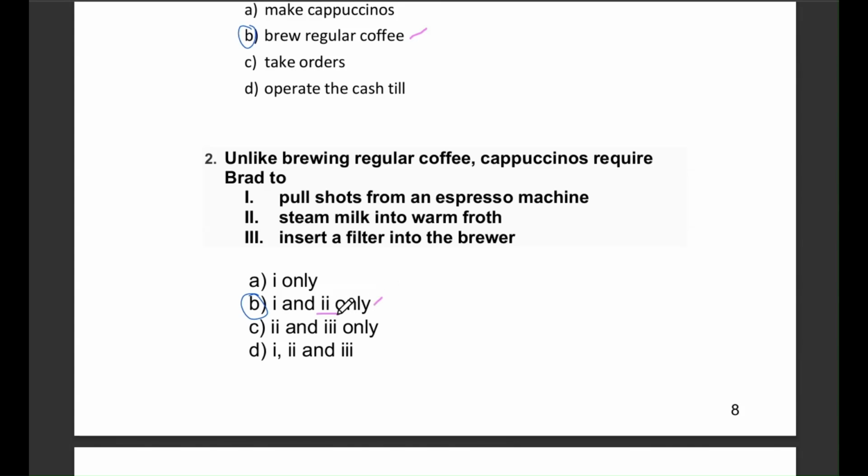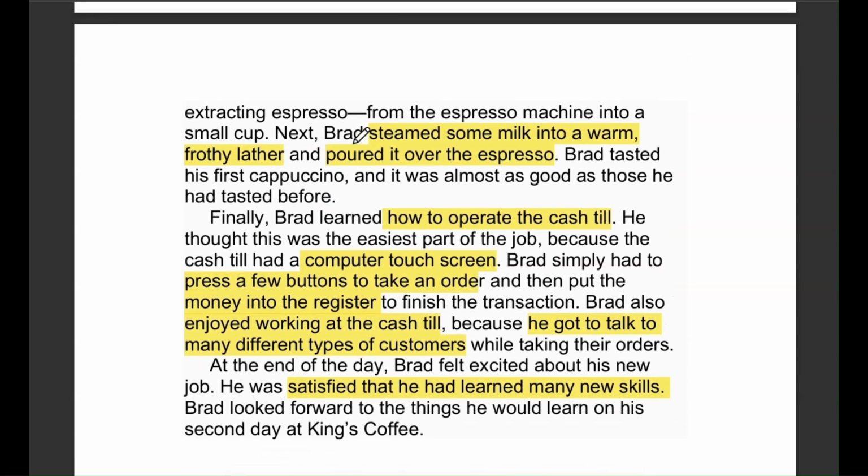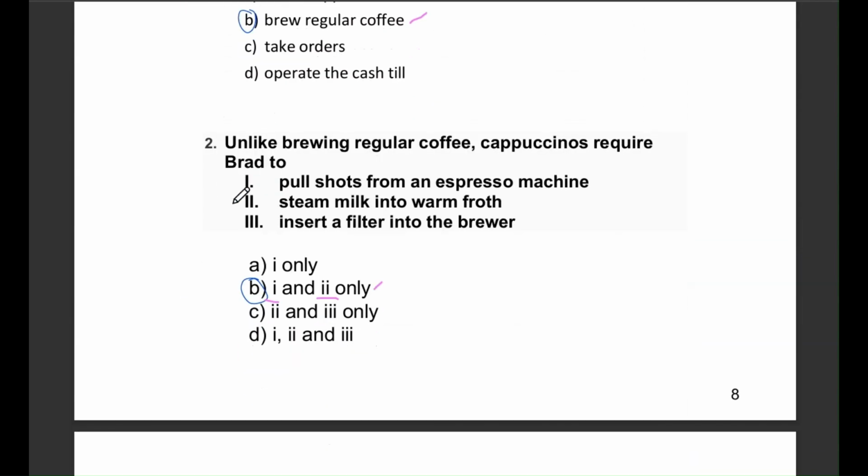So for cappuccinos, Brad needs to pull shots from an espresso machine, and he also needs to steam milk into a warm froth. He does not need to insert a filter for cappuccinos like he does when making regular coffee. Remember, cappuccinos are made with espresso and foamed milk, while regular coffee uses a filter and a drip brewer.